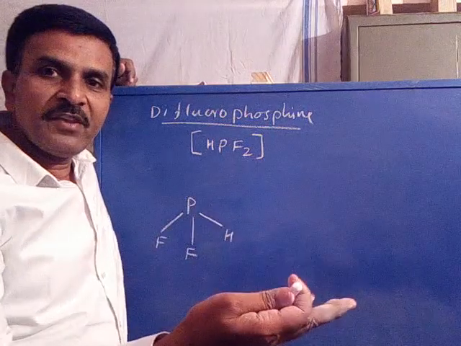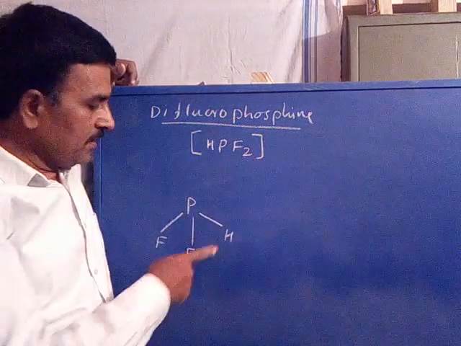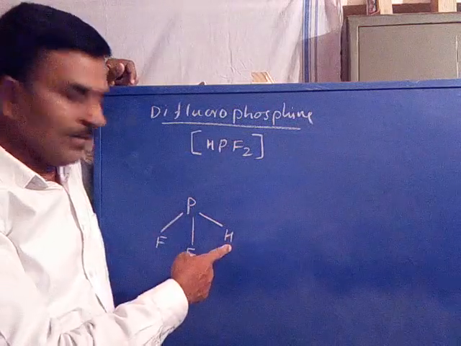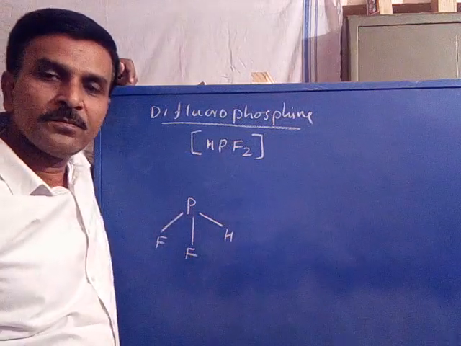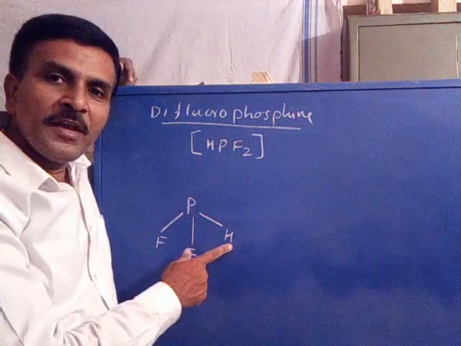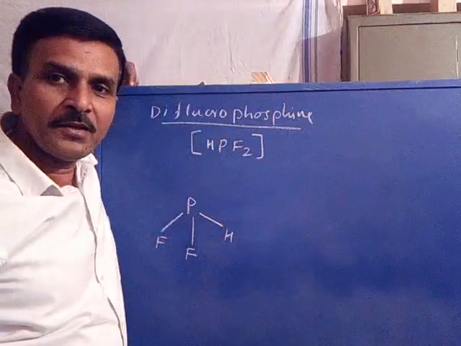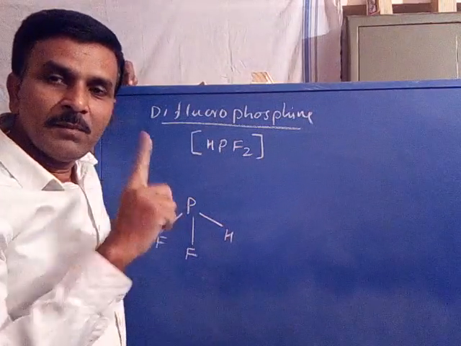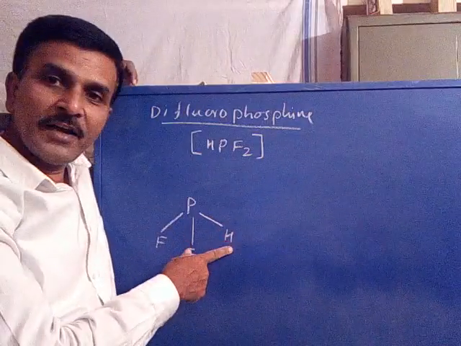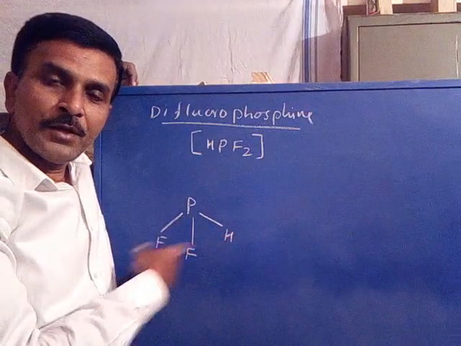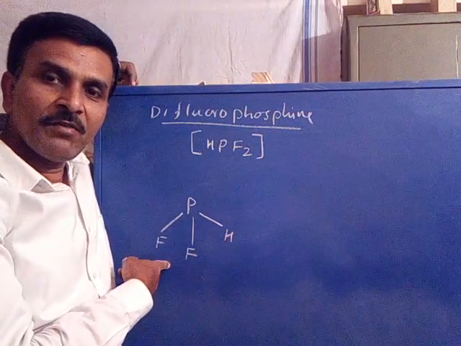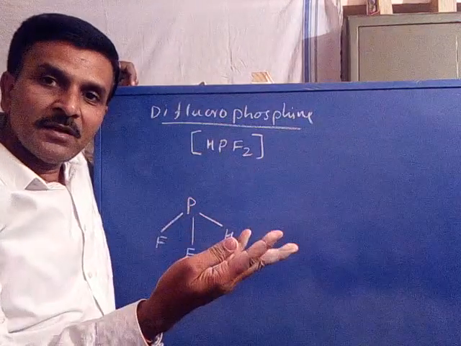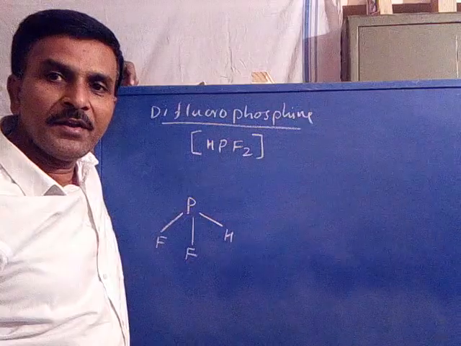In the previous example, phosphine, there are 3 hydrogens, but in difluorophosphine, 1 hydrogen and 2 fluorines. Now hydrogen is spin active, fluorine is also spin active. What happens? 1 phosphorus, 1 signal, but coupled with both hydrogen and fluorine. The nuclei of hydrogen are different from the nuclei of fluorine. That is, 1 phosphorus coupling with 2 sets of non-equivalent nuclei.